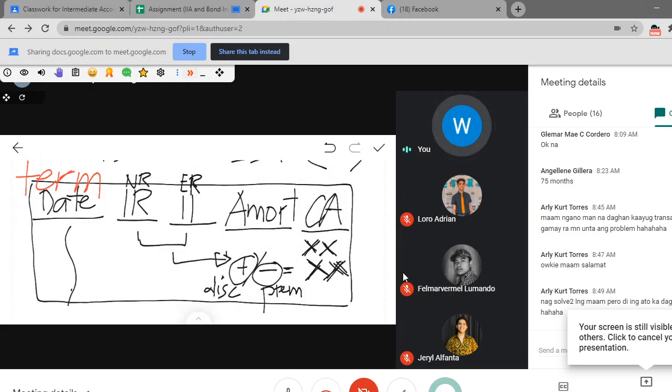Term date or lump sum, just one. So, one maturity date. It matures only once. One maturity date. I will overlap since I have no more space. So, this amortization table is applicable if you are holding a term bond.